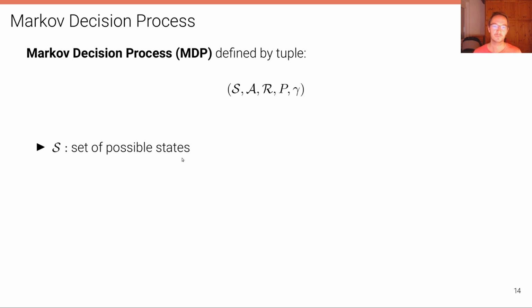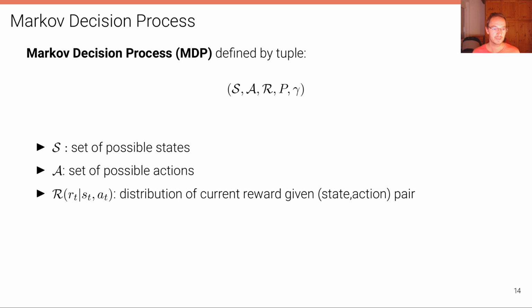S is the set of all possible states. For example, in the game of Go, the combination of all possible pieces on the game board. A is the set of possible actions. And R is the distribution of the current reward given the state action pair. So given a state action pair, the environment, as we already mentioned, returns a reward.